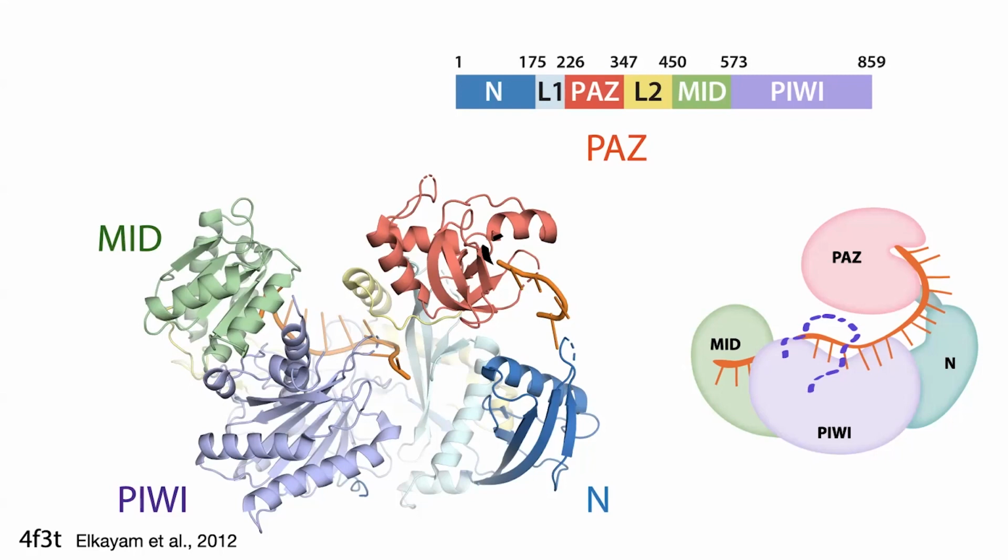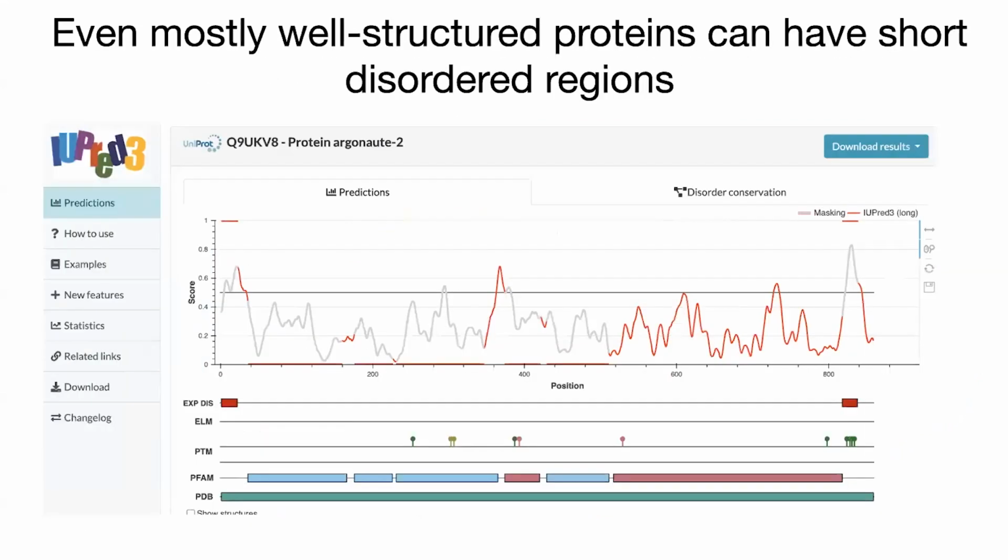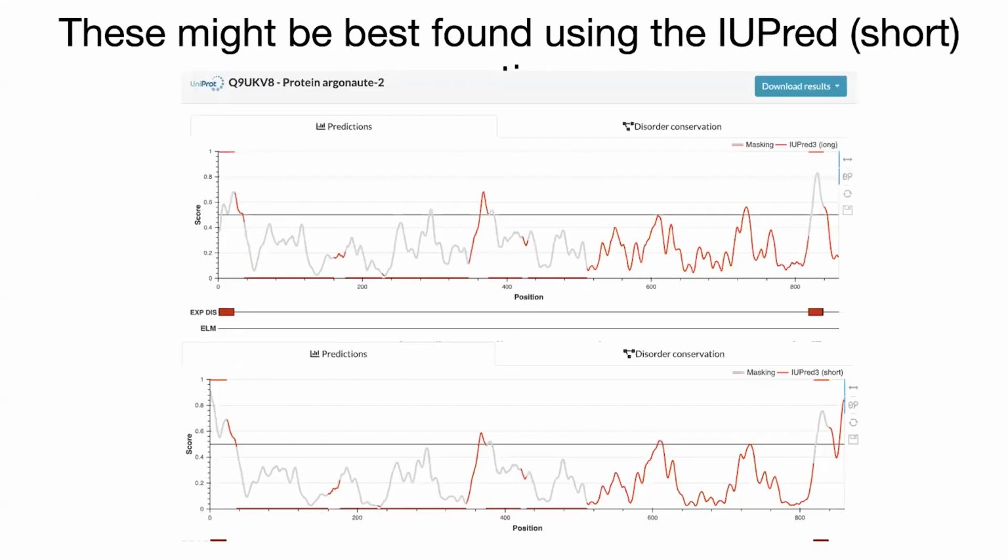And if we look at the IUPred plot of this protein, Argonaut, we see that it's mostly structured, but we also see some regions that are predicted to be non-structured, or intrinsically disordered. These regions are better seen if you use the short modeling method.